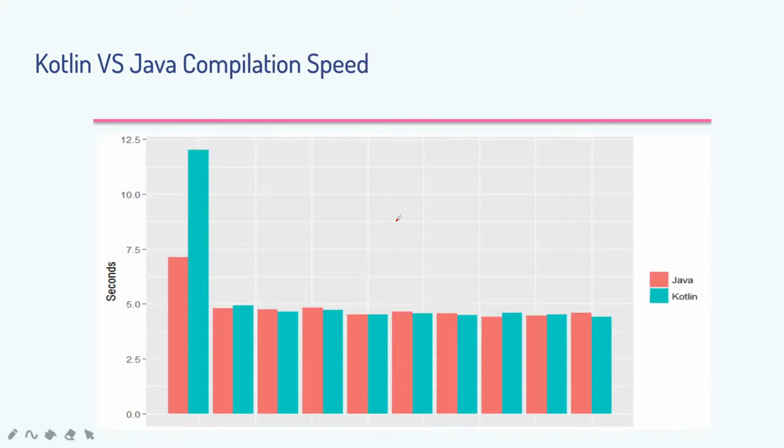Okay, Kotlin versus Java. Here we have some of the things. How is the compilation speed for Kotlin and Java? Here you can see the compilation speed of Kotlin and Java. The red color is Java, and the other one is Kotlin.